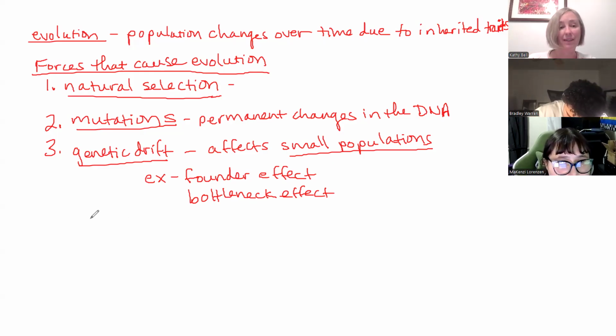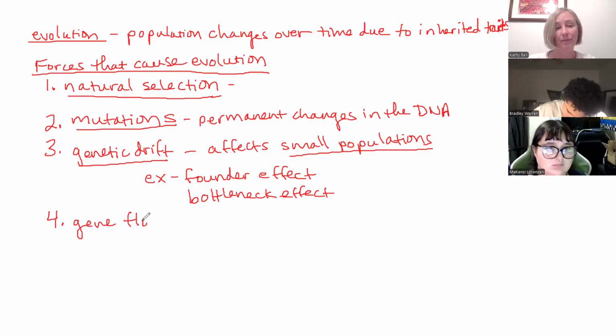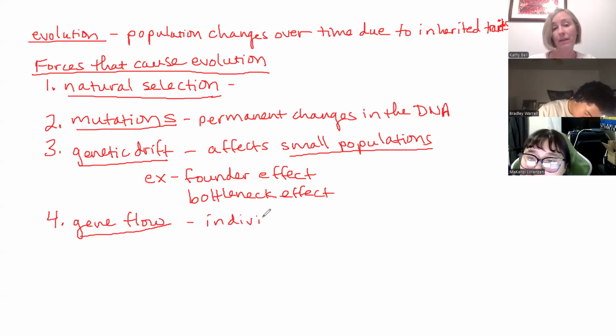Okay, and then our last one we talked about was gene flow. This is when you've got individuals migrating from one population to another, and they bring their genes with them.